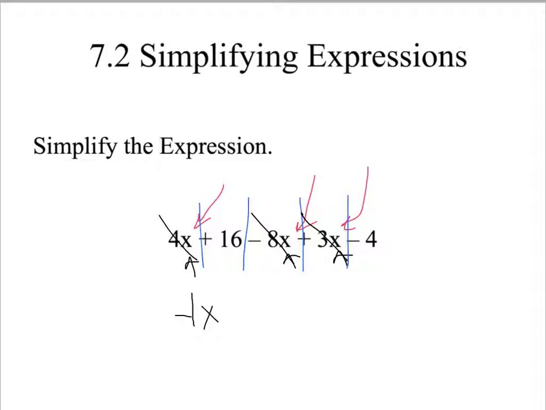Then I take 16 plus a negative 4, because those are my numbers, and I would end up with a negative 1x plus 12. I believe we went over that; I just wanted to go over it one more time.